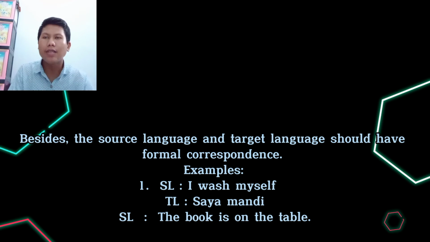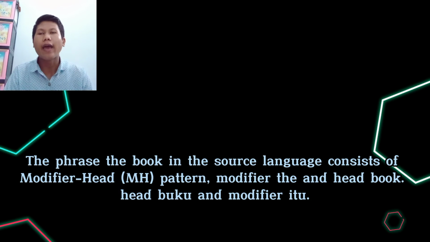Next, the second example: the book is on the table. The is the modifier and book is the head. And the TL: buku itu ada di atas meja. Buku is the head and itu is the modifier.